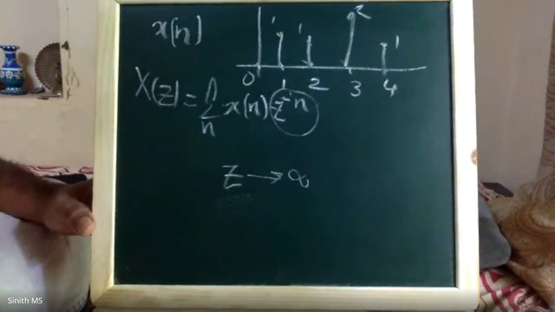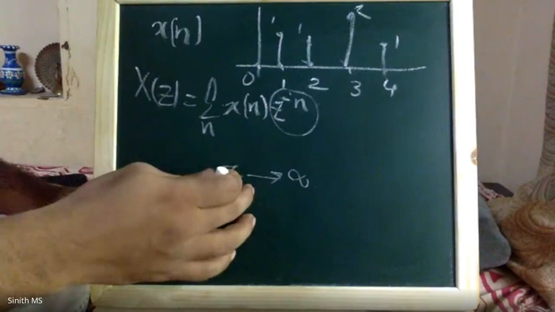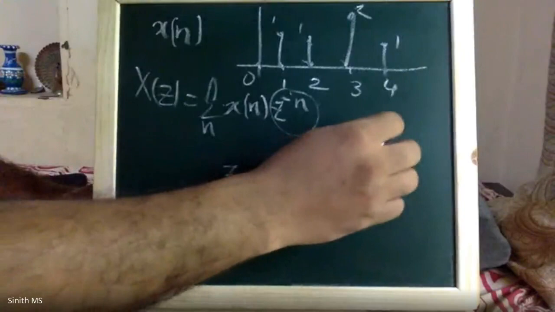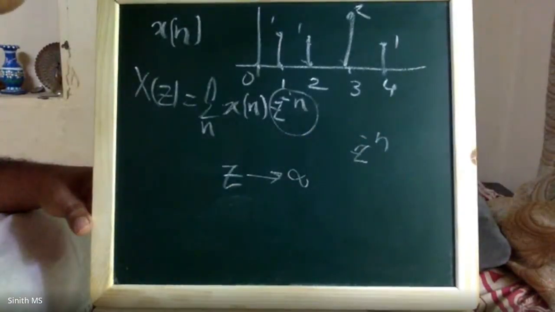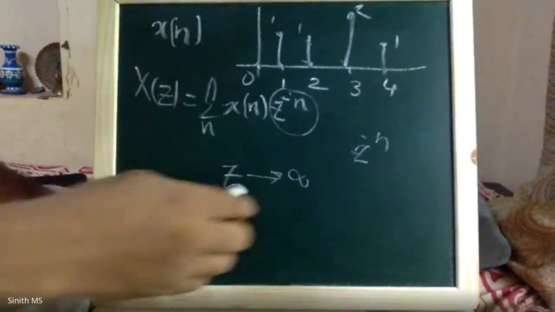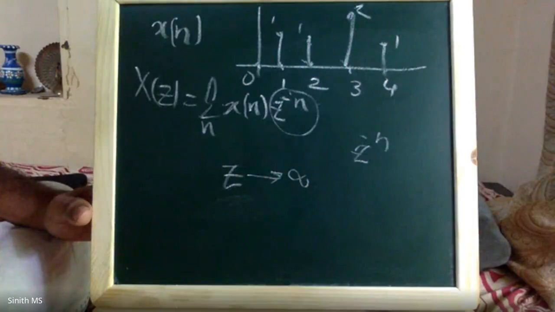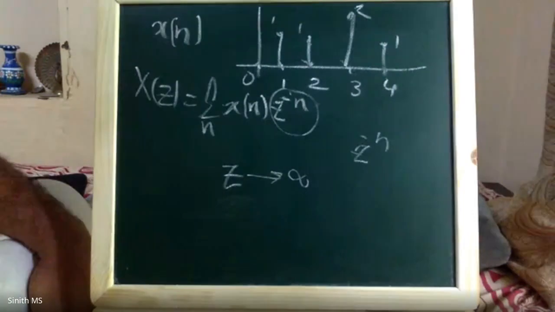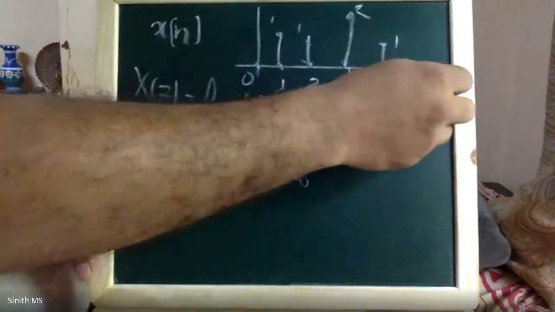So as z tends to infinity, what happens? z raised to minus n becomes... What happens when z tends to infinity? n takes positive values and z tends to infinity. n has only positive values.